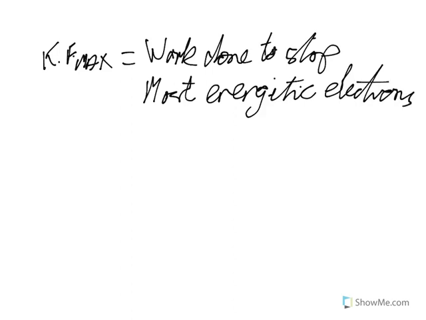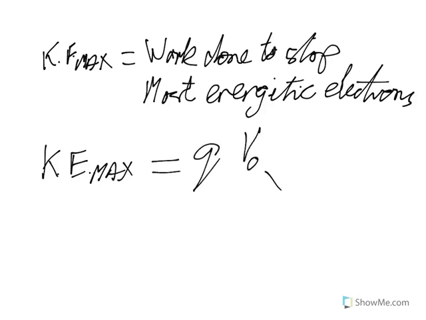So if we think back to last year, with that voltage that stops it, which we call V naught, then our kinetic energy max is QV, but in this case QV naught, and so V naught is our stopping voltage.